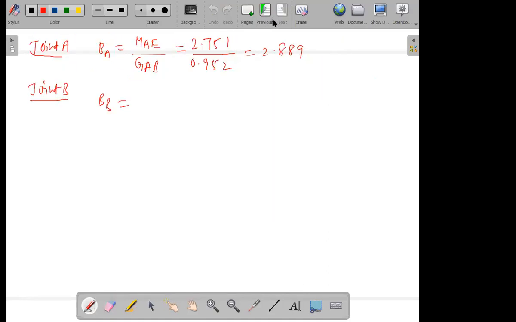So MBF divided by the two gutter factors, GBA plus GBC. So this is 5.952 divided by 0.904.